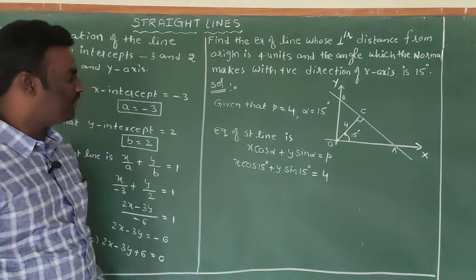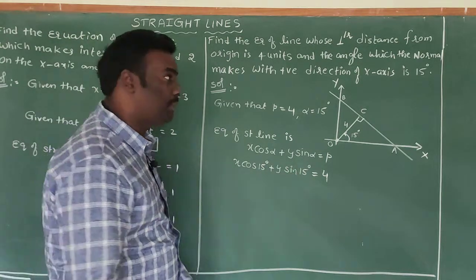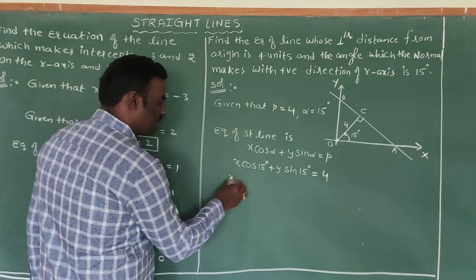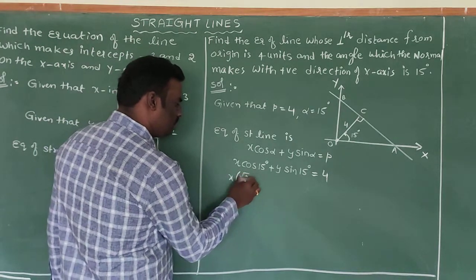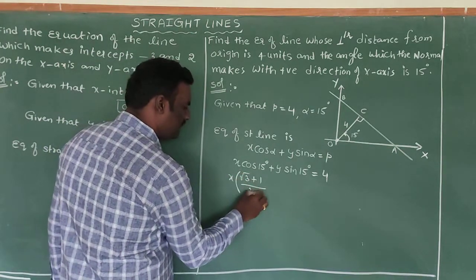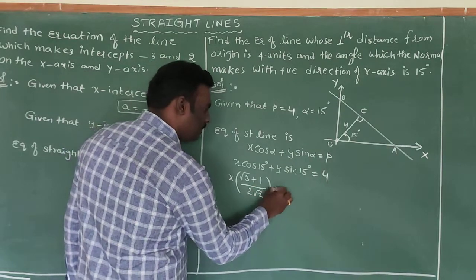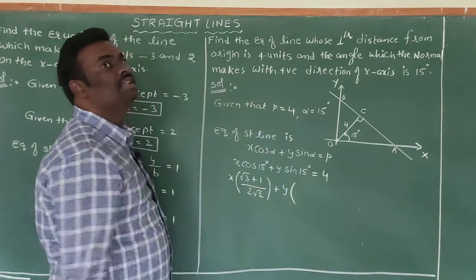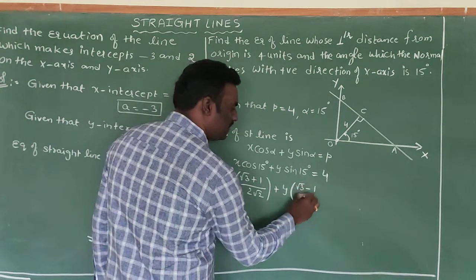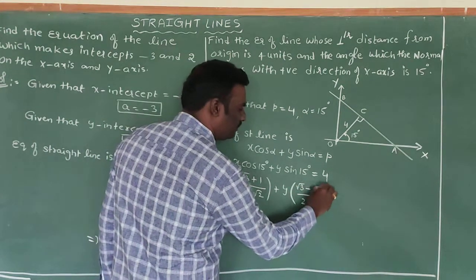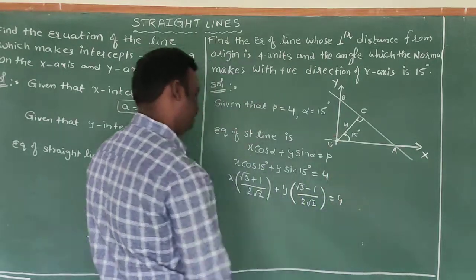We know the value of cos 15 and sin 15 from the trigonometry chapter. Cos 15 value is (root 3 plus 1) by 2 root 2, plus y into sin 15 value is (root 3 minus 1) by 2 root 2, is equal to 4.